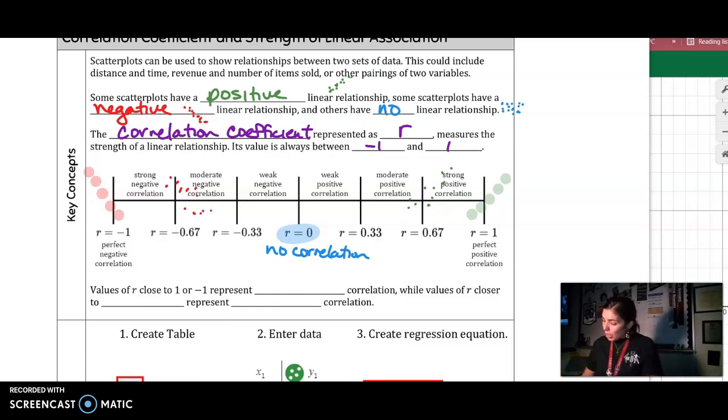So values of R close to 1 or -1 represent what's called a strong correlation, because it's close to 1 and -1. So these two right here are strong. One of them is strong and positive, the other one's strong and negative, while values of R closer to 0 represent no correlation, which is what we've already talked about.